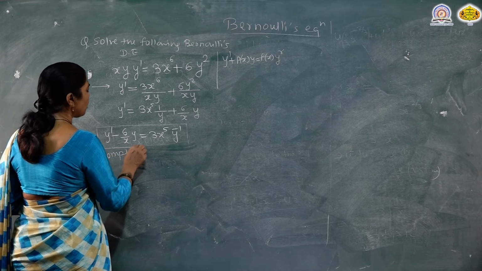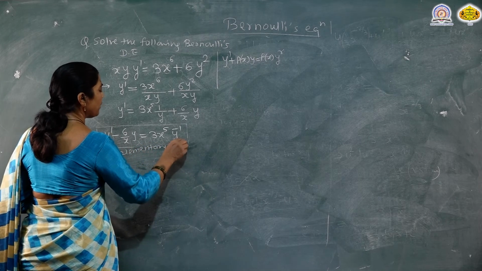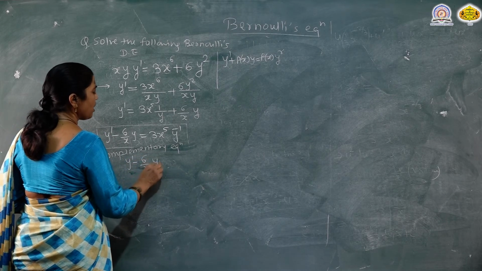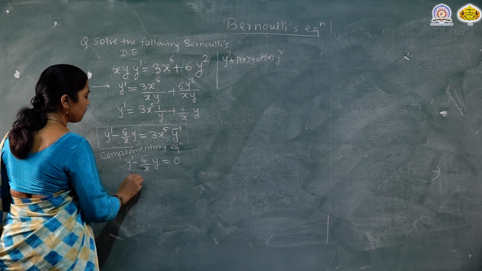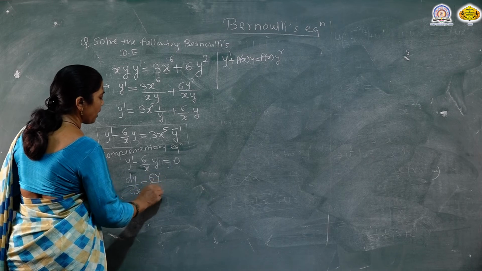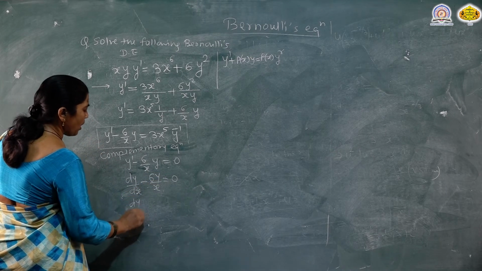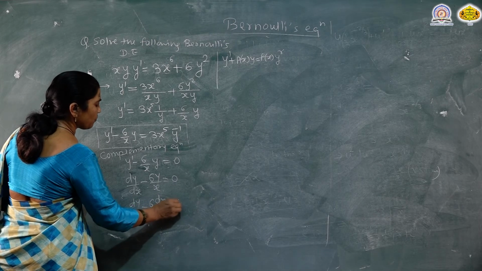So consider the corresponding complementary equation. What is the corresponding complementary equation? y' minus 6 by x y is equal to 0. That is dy by dx minus 6y upon x is equal to 0, or dy upon y minus 6 dx upon x is equal to 0.